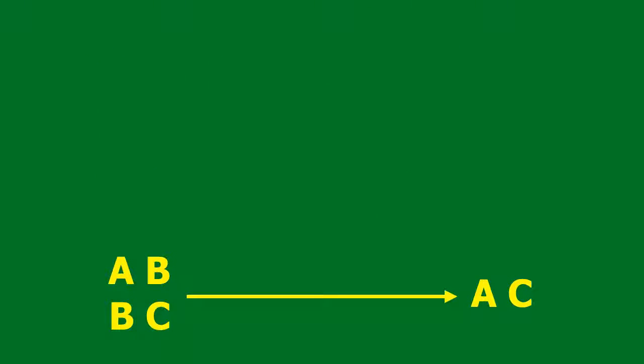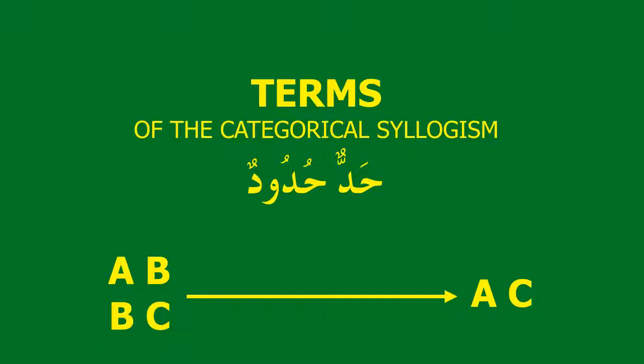So this abstraction, the terms A, B, and C, are called the terms of the categorical syllogism. The terms of the categorical syllogism are the parts from which its propositions are composed. The Arabic term for term is had.